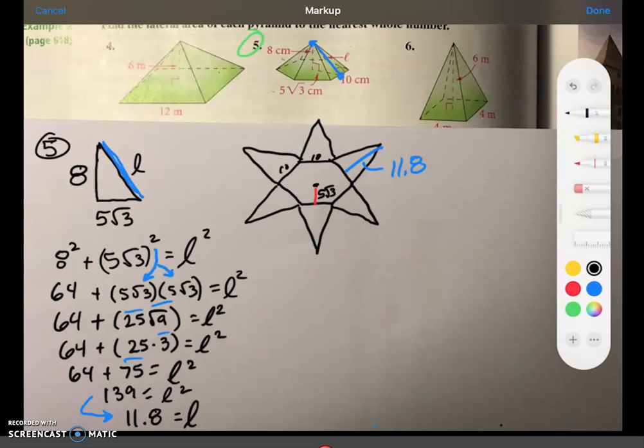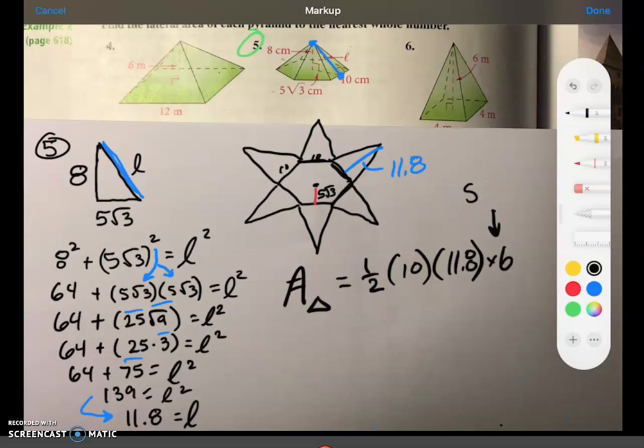So I'm going to try to figure out the area of a triangle here. Area of the triangle is 1/2 base. The base is 10, times the slant height in blue, 11.8. And of course, there are 6 of them, so we're going to multiply by 6 because there are 6 triangles.